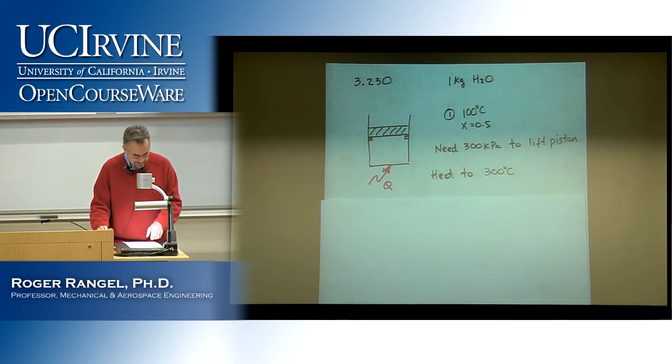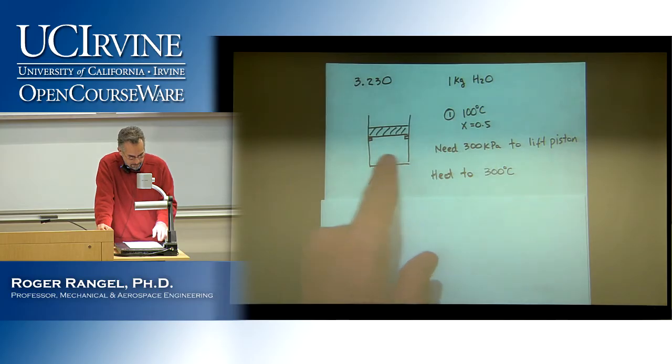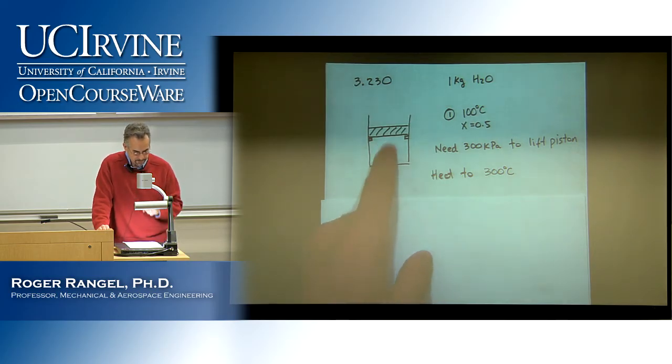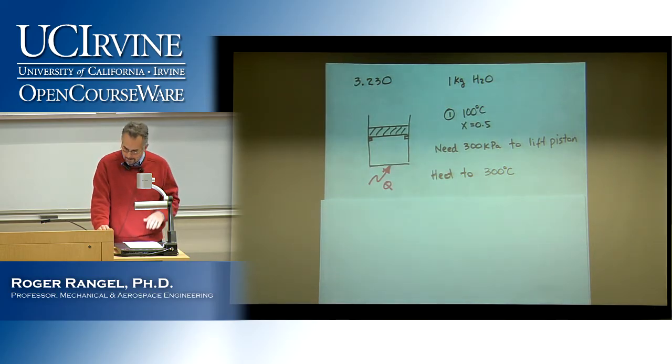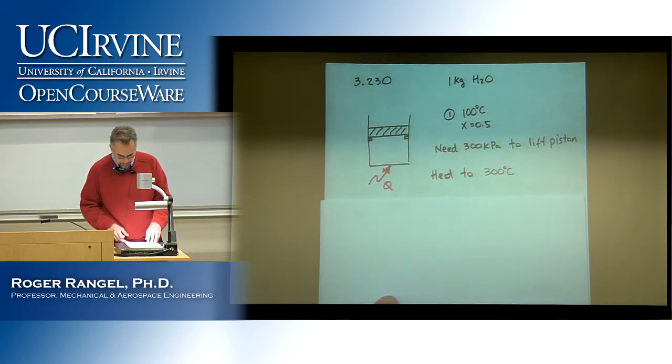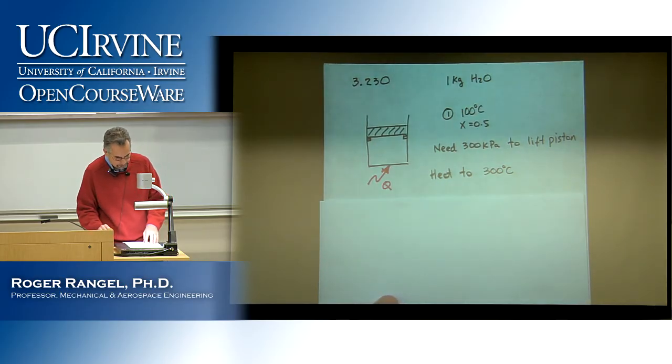So now we have the cylinder fitted with a piston, but the piston is sitting on the stops. And again, we have water, 1 kilogram of water, at 100 Celsius, and the quality is 0.5.